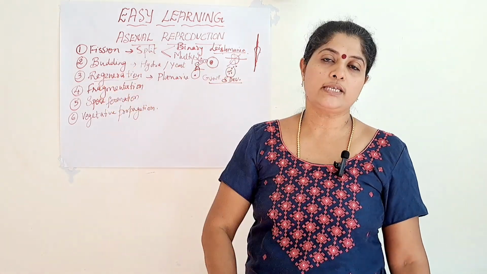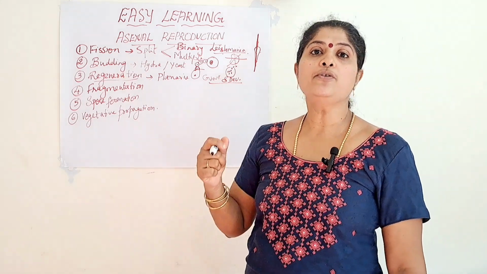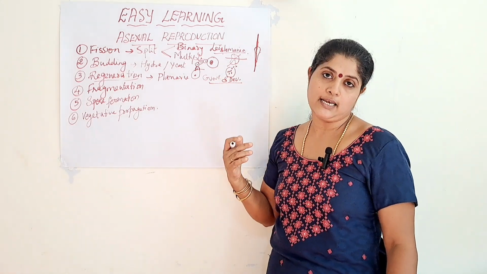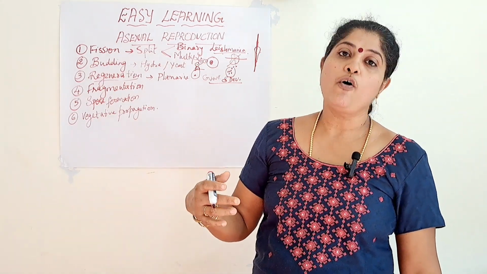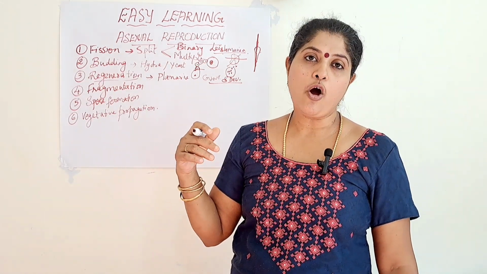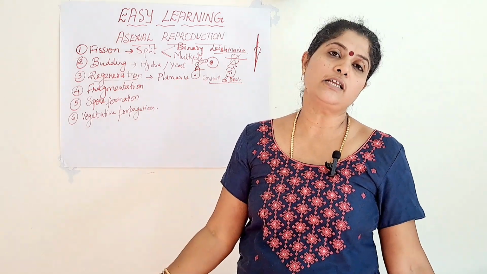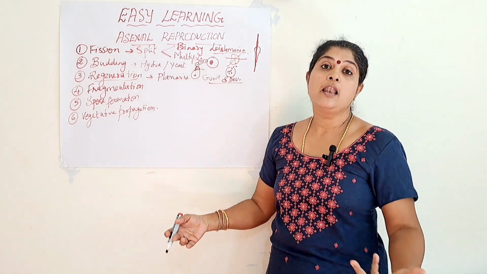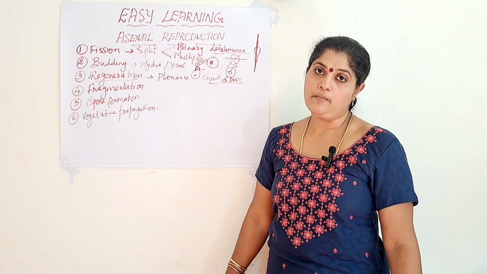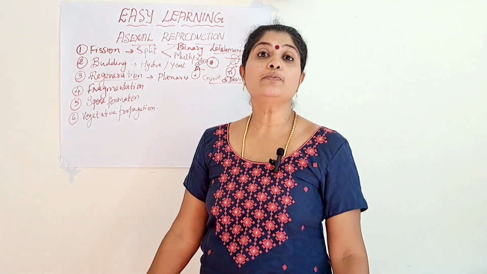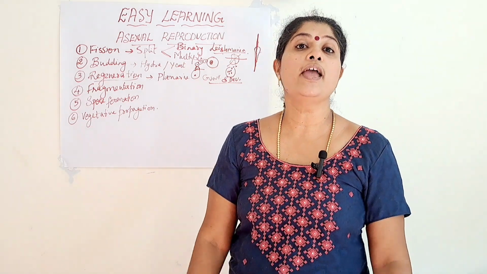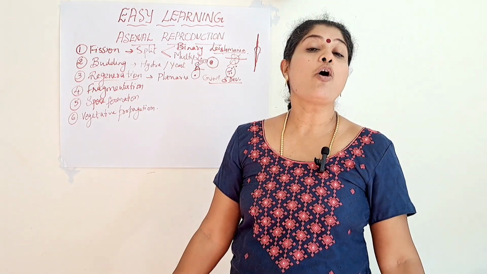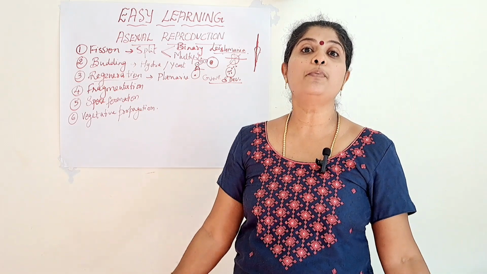Here one important question is there: justify the statement, or comment on this, or give a reason. Regeneration is insufficient for large multicellular organisms, or why does regeneration not take place in large multicellular organisms? The reason is that in large multicellular organisms, the organization of the body is very complex. It is not a simple organization.